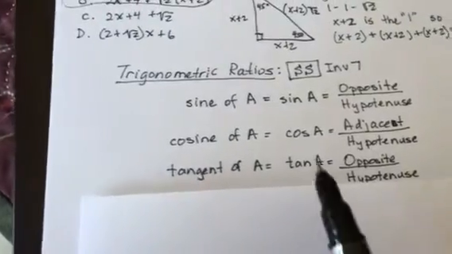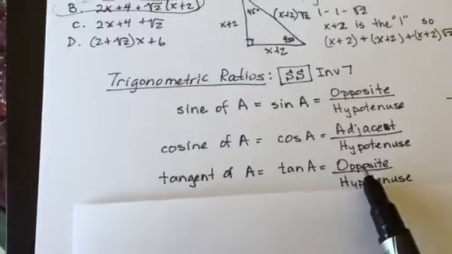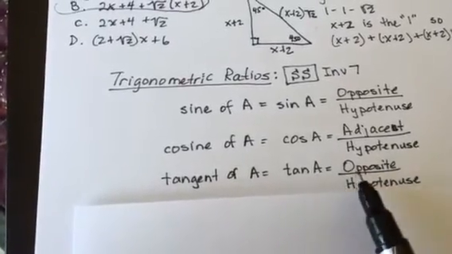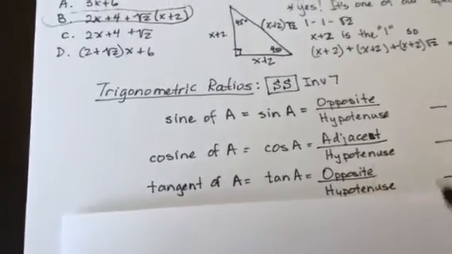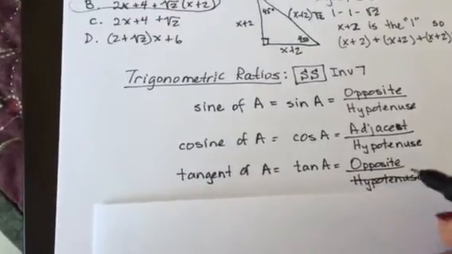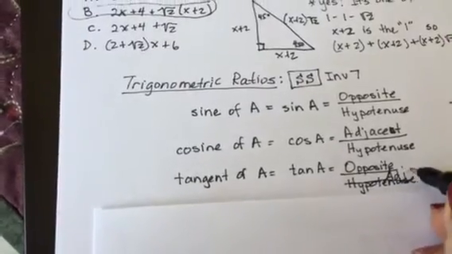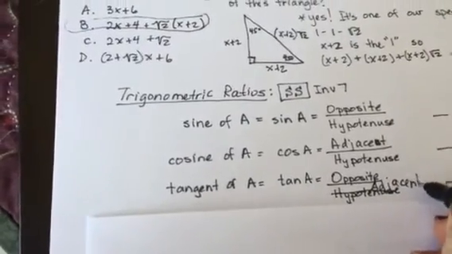And the tangent of A, abbreviated tan A, equals the opposite side from angle A over, I wrote it incorrectly, opposite over adjacent. There we go. We'll fix that one up.